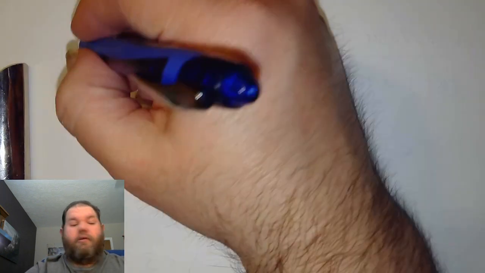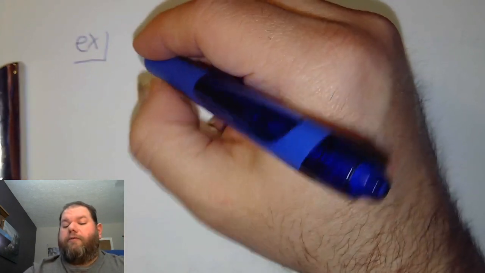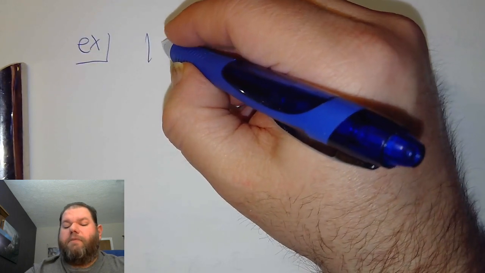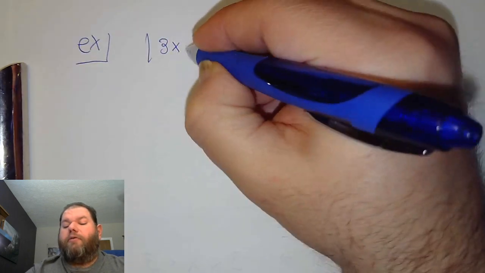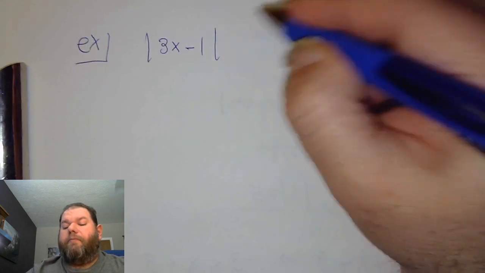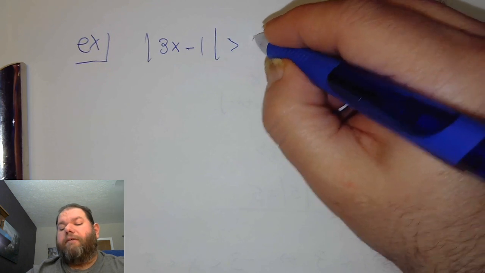As an example, if we have the absolute value of 3x minus 1 is greater than, let's say, 5.